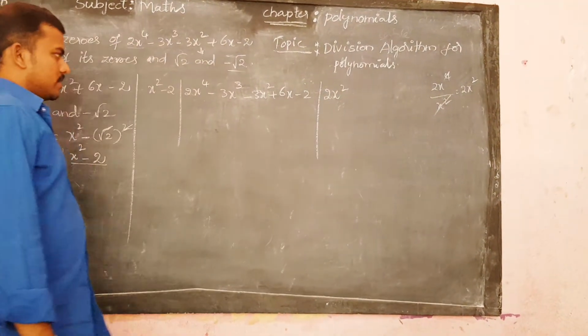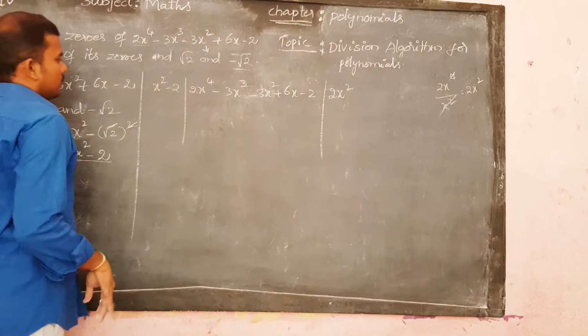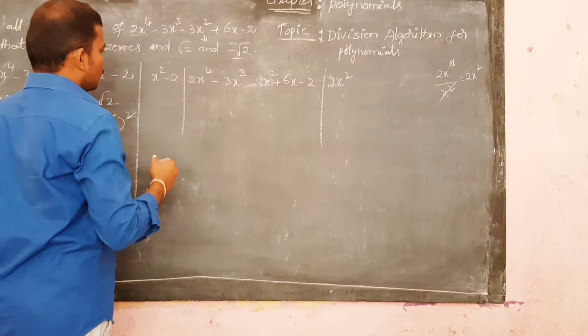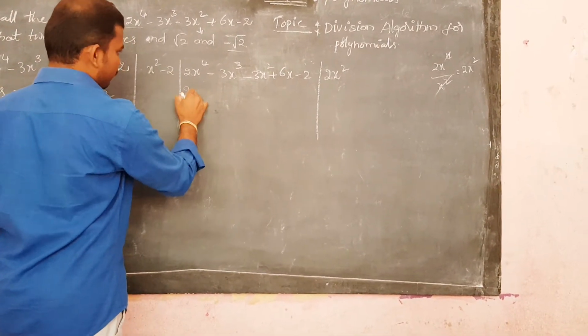So 2x square is multiplied by each term in the divisor. 2x square into x square is 2x power 4.